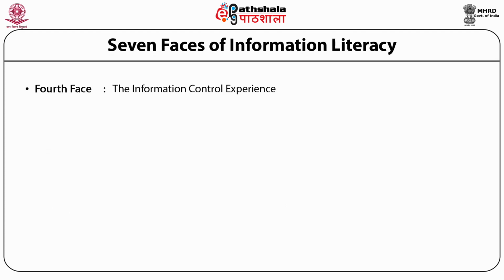And the fourth phase is information control experience. This phase has two permanent elements, that is information use and information technology, and one temporary element, that is information control.